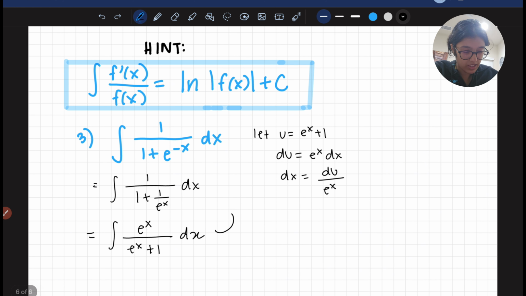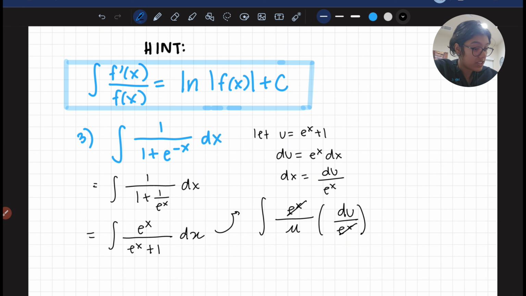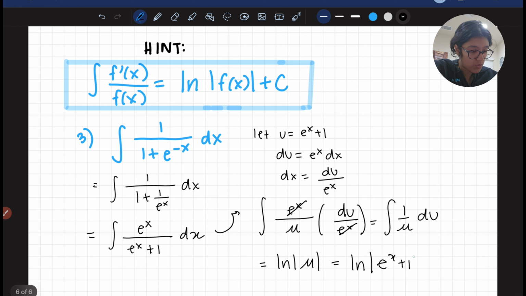So I'm going to take the integral of e to the power of x over u, because u was the denominator. dx we found is du over e to the power of x. This and this cancel out. Once again, we're left with the integral of 1 over u du. We know this is natural log of u. And replacing u, we are left with natural log of e to the power of x plus 1 plus c.